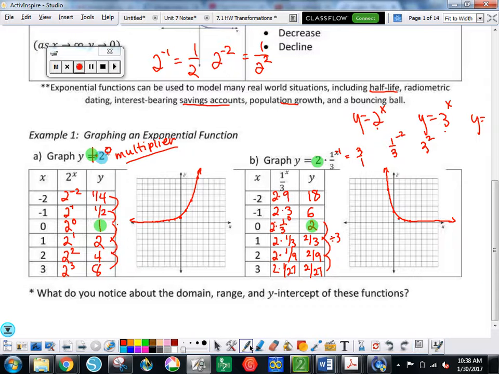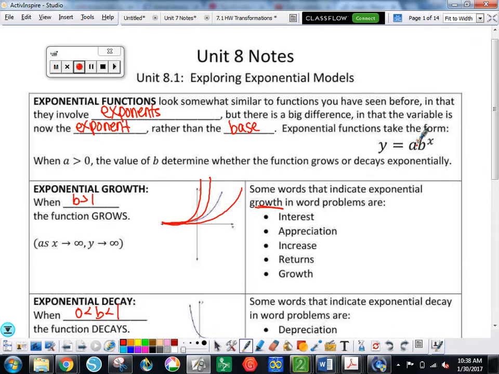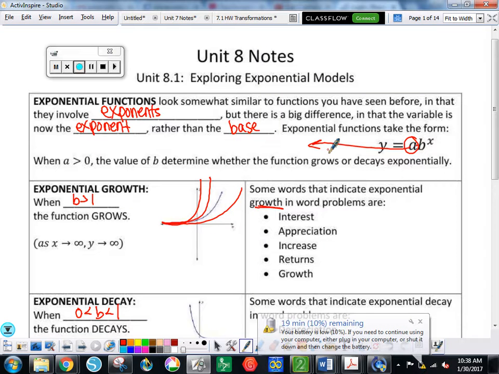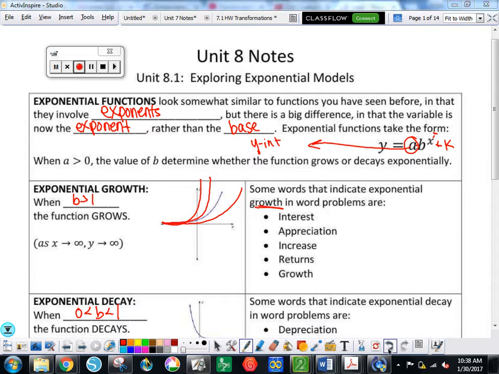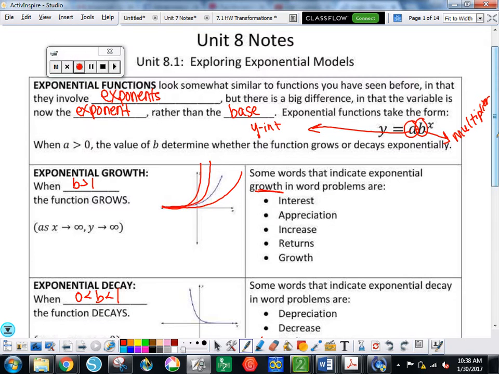So if I were to make a general rule, go back up to here, the A, as long as there's no plus or minus out here, the A is your y-intercept. Now again, if there's a plus A or there's a minus h in there, it could change the y-intercept. But without anything weird going on, that A is your y-intercept. The B is your multiplier.